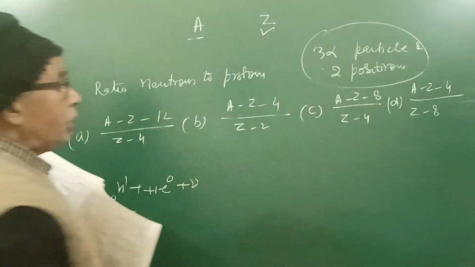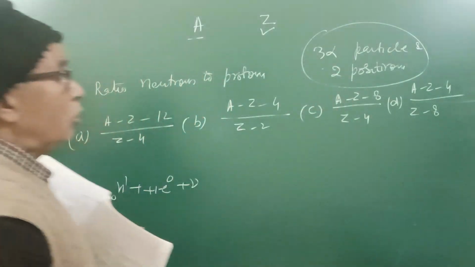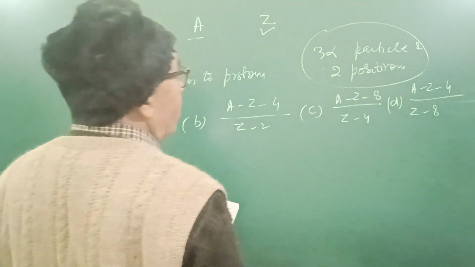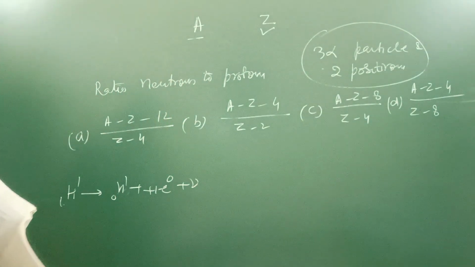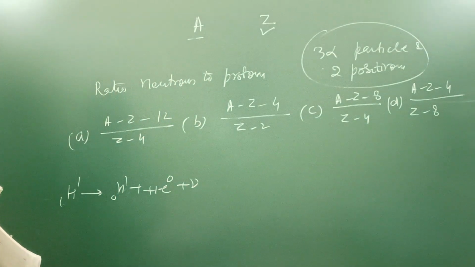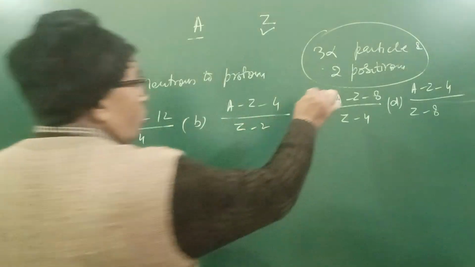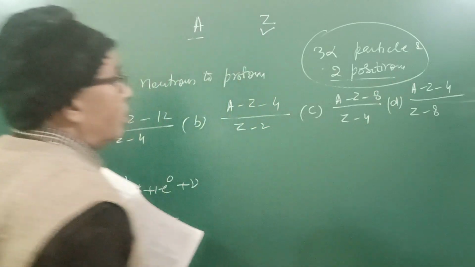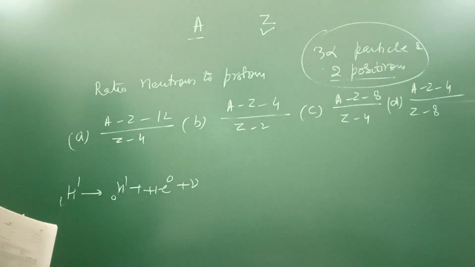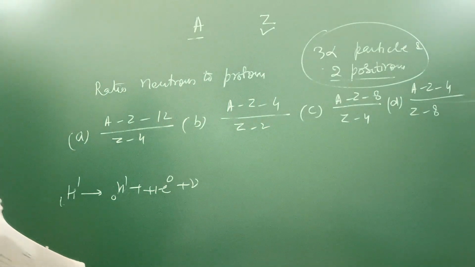So for each positron, a proton decays into a neutron. So corresponding to emission of 2 positrons, the number of neutrons will increase by 2.